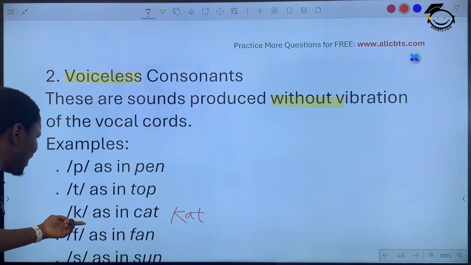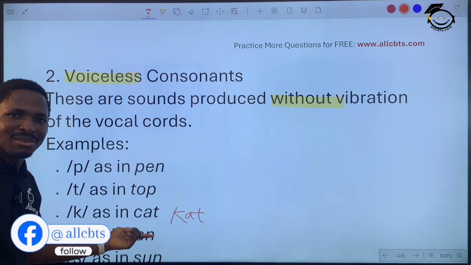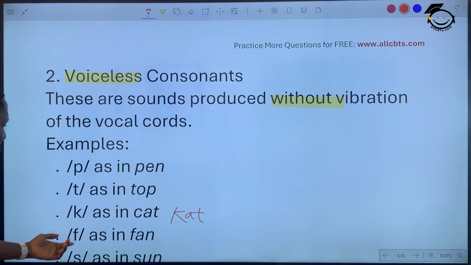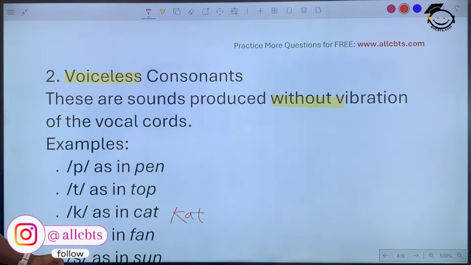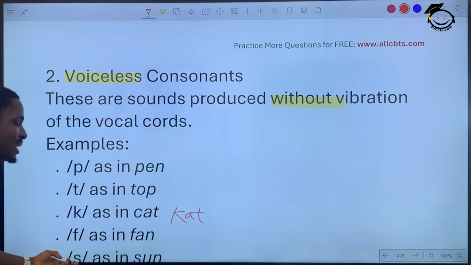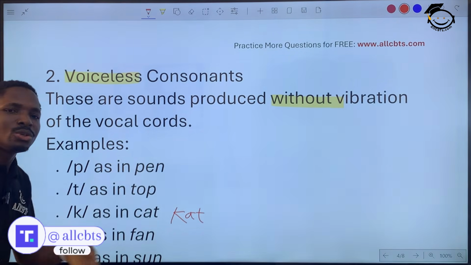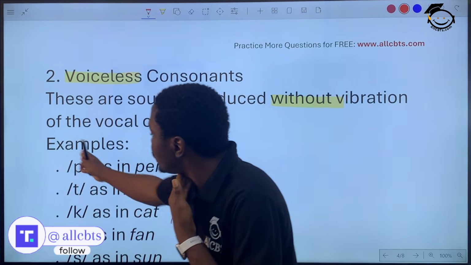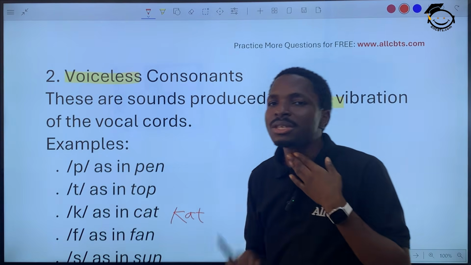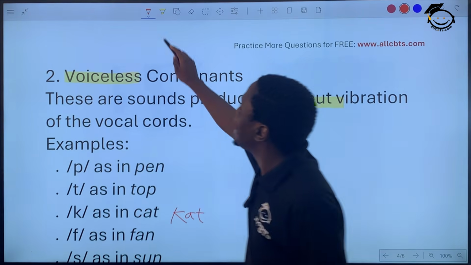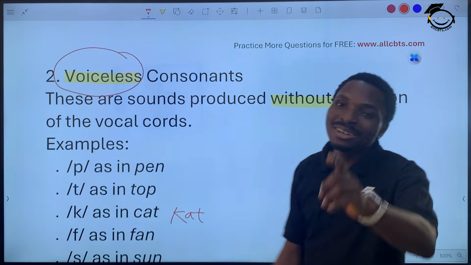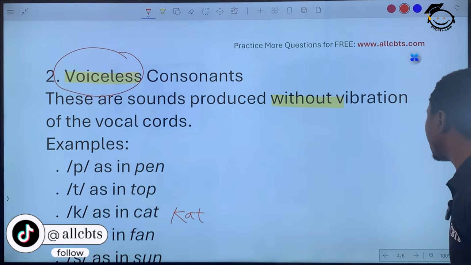Because this sound is dominant there, right? So that's for cat. What about this? Fan. For fan. What about this? For sun. So when you call all of these words and sounds, there is no vibration here, right? So that makes it a voiceless consonant or voiceless sound.